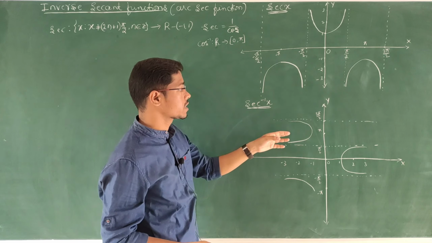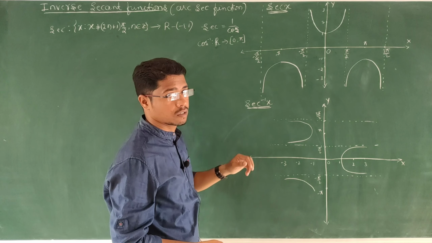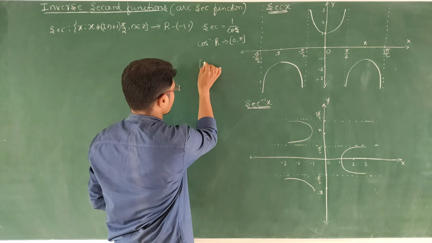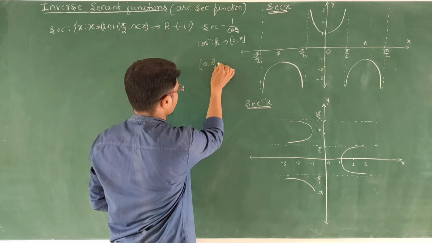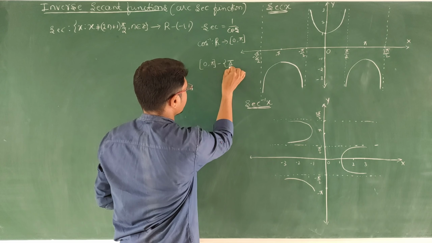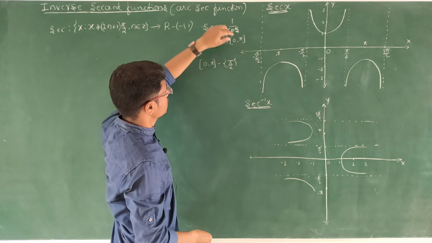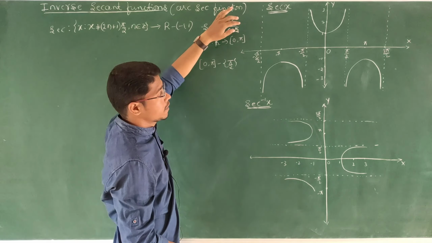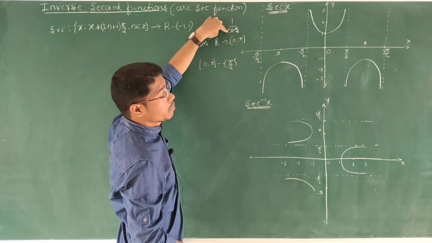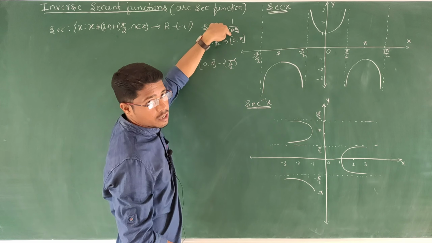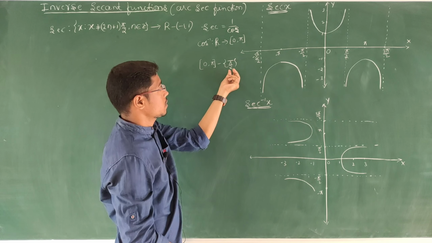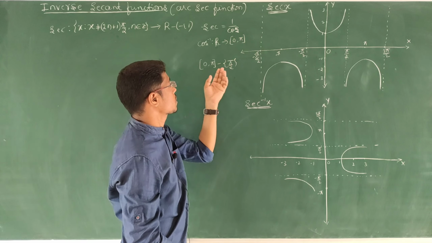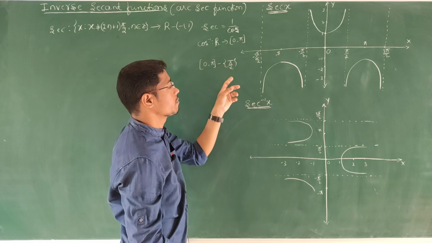So if we restrict the domain of the sec function to [0, π] minus {π/2}, since sec is 1 by cos, it is not defined at π/2 because 1 by 0 is not defined.